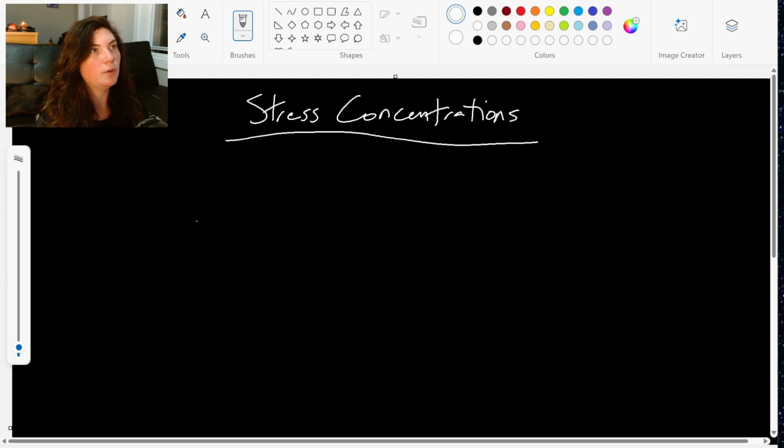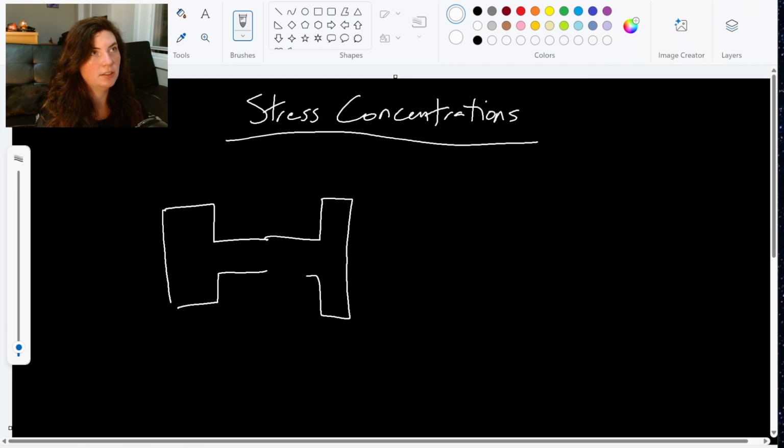So typically where we see that happening is something having a drastic change in area, right? This bottlenecking, if you have a dumbbell shape, for example, lifting weights at the gym. You have this change in stress concentration if you were to load this axially.